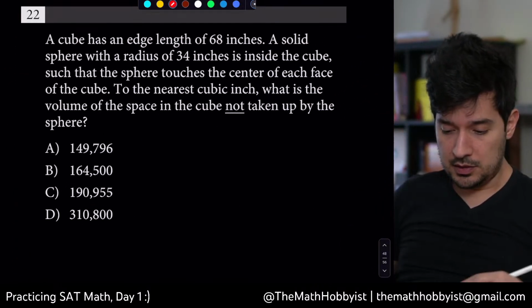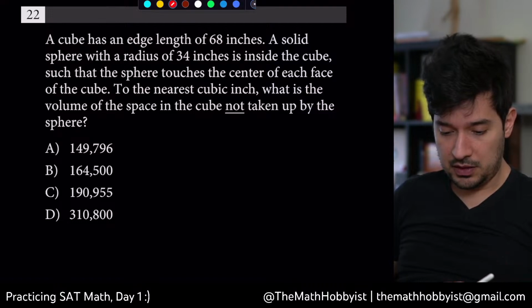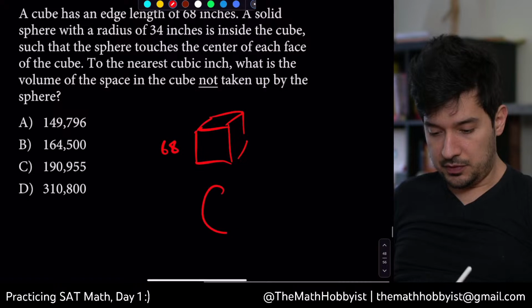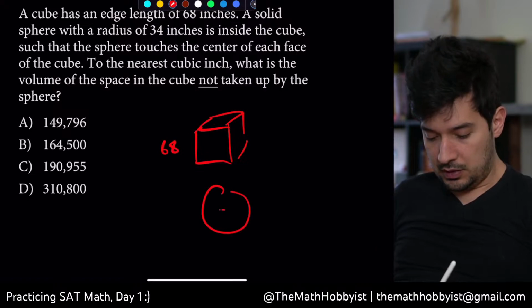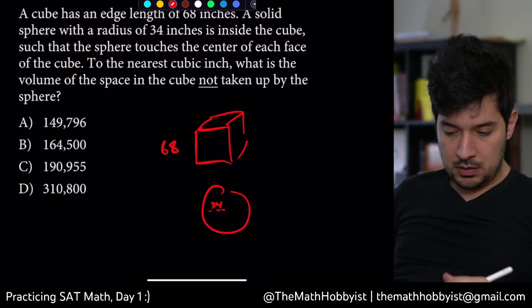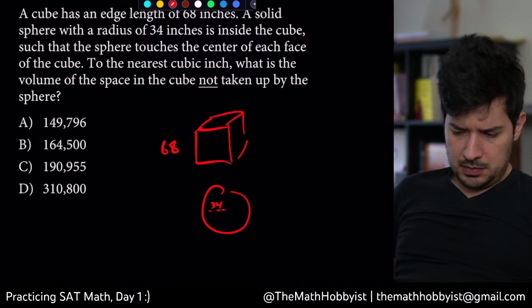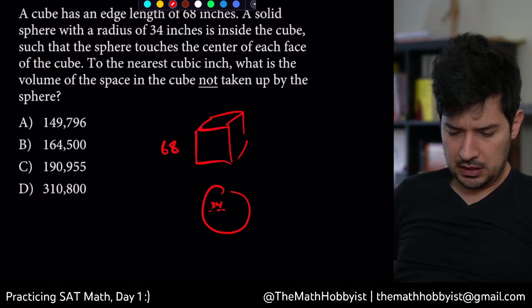Cube, edge length 68, solid sphere radius of 34 inches. Oh, okay, so that sphere is inside the cube, touches each face of the cube, to the nearest cubic inch. What is the volume of the space in the cube not taken up by the sphere?